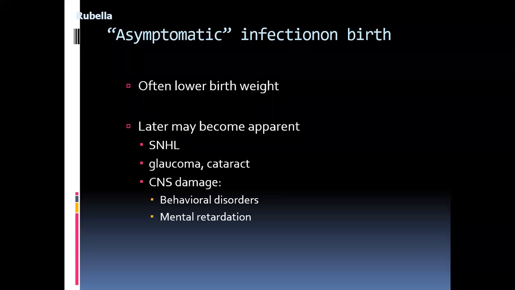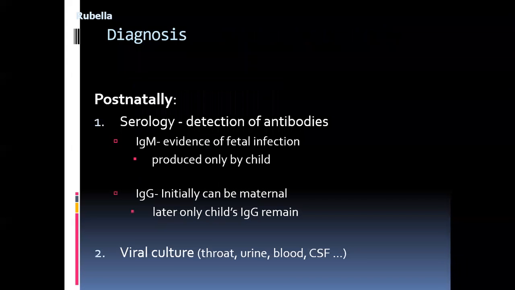They can develop sensorineural hearing loss, glaucoma, cataract formation, central nervous system damage, behavioral disorders, and mental retardation. So these are some of the abnormalities that can occur in rubella virus infection.